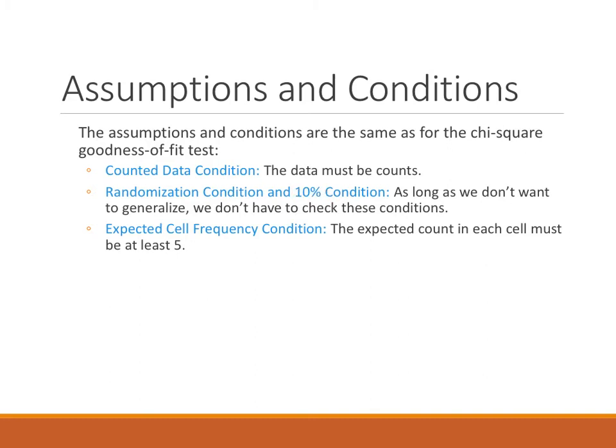Don't worry about the 10% condition; it means your population has to be 10 times bigger than your sample. We don't need to worry about that, folks. We do want to think about your expected counts having to be at least 5. If you've got a set of data where they aren't at least 5, you've got to combine them somehow. So maybe you'll have fewer categories, but you'll have the 5 met.